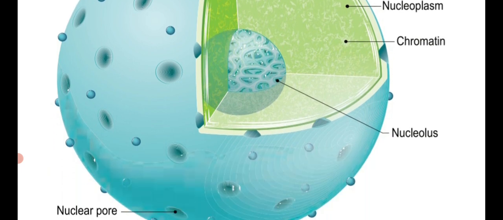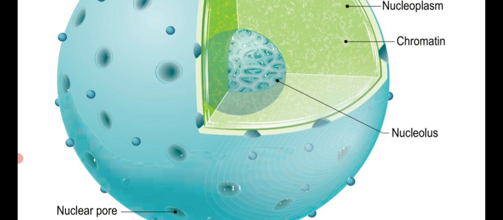So this nucleus contains different nutrients, macromolecules, RNA and DNA, which are present on the inner side of the nucleoplasm.